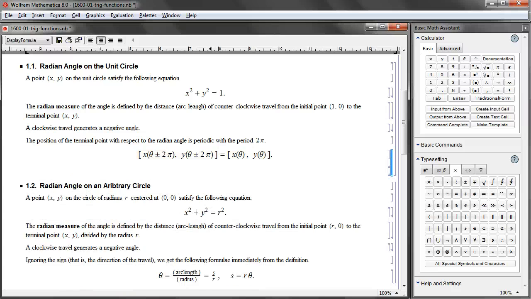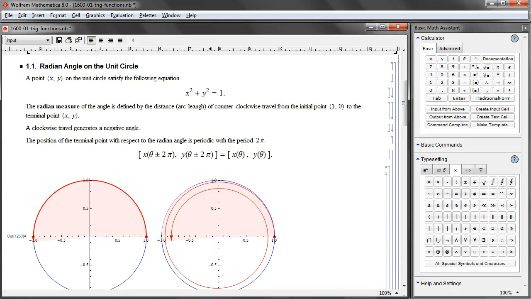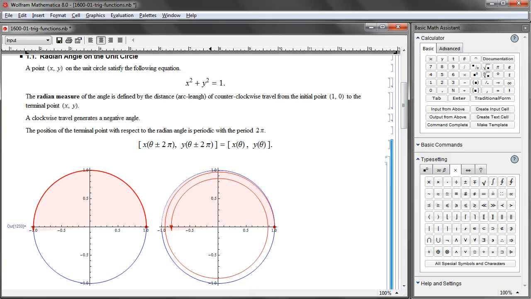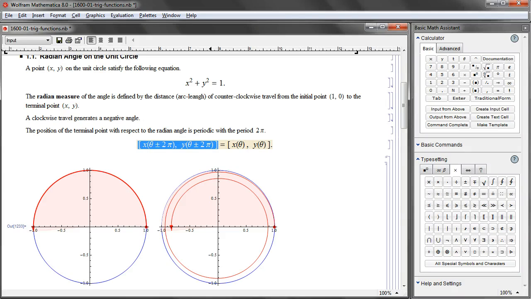And here are some visualizations, and we have these two pictures on top where the left hand side is x comma y for the angle theta, and the right hand side is x comma y for theta plus 2 pi, because you just went through one full revolution and then by theta. So we have something like that.